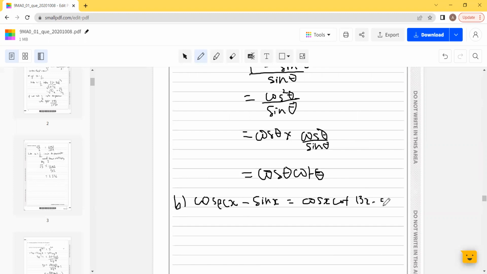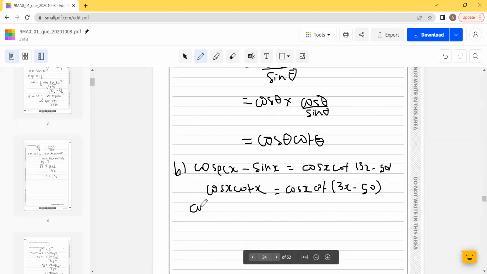Okay, now this is a fairly tricky question. So first, what we're going to do is rewrite this as cos x cot x is equal to cos x cot 3x minus 50. Now something to realize is you can bring everything to one side and factorize by cosine.